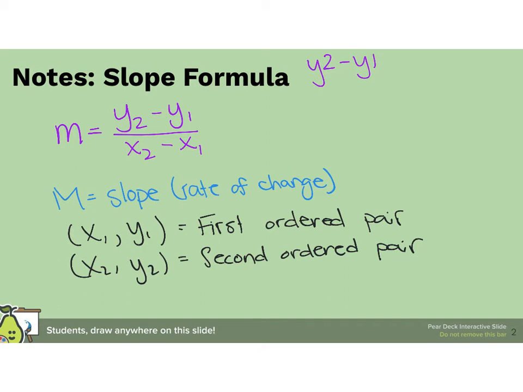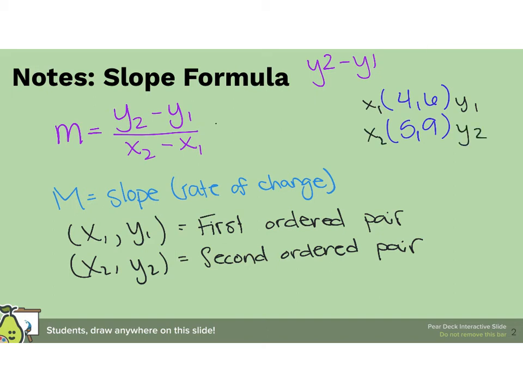So if I were to actually do a problem, let's pick this color. So say I have the ordered pair 4, 6, and I have the ordered pair 5, 9. I'm going to call this first ordered pair my x1 and my y1, and the second ordered pair my x2 and my y2.